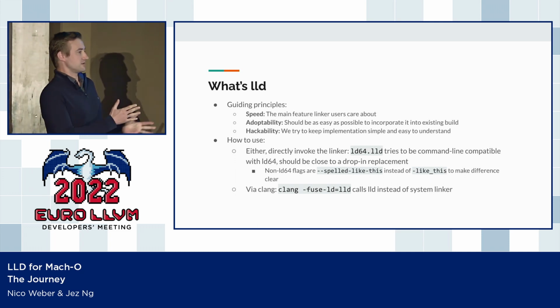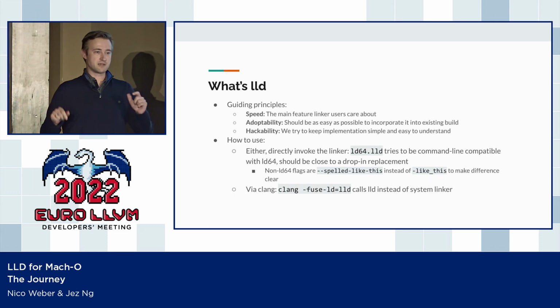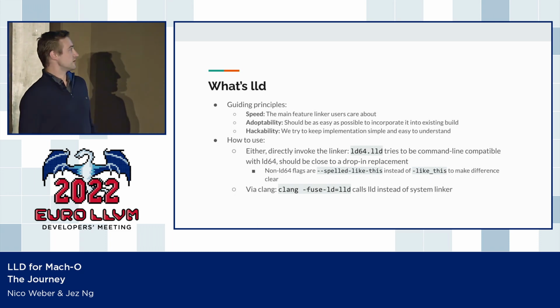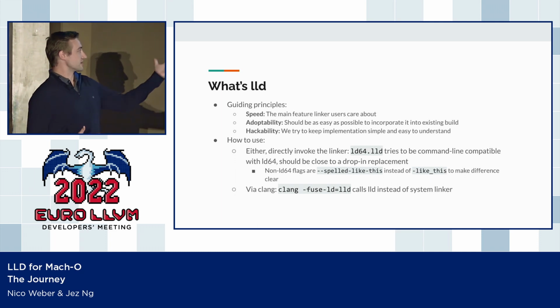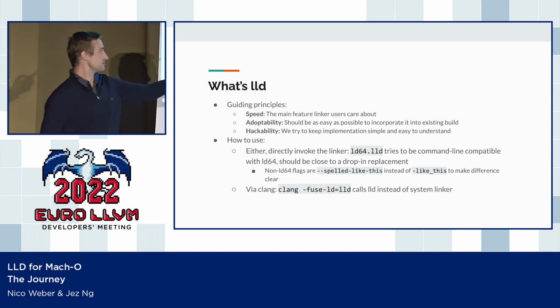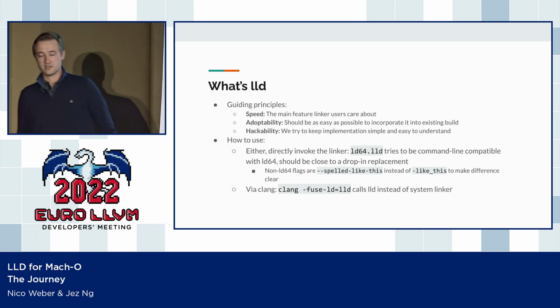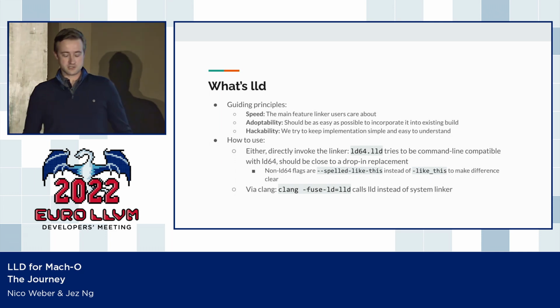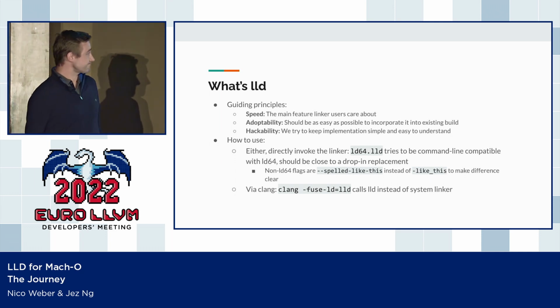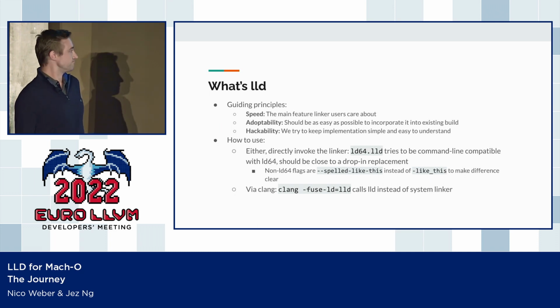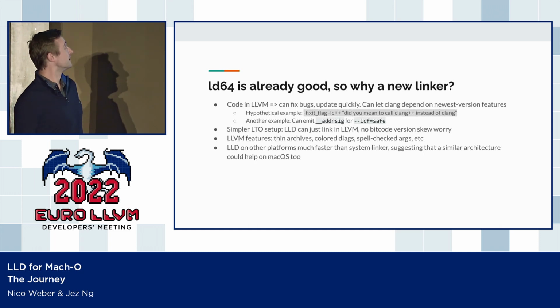So if you just call that symlink, you can pass exactly the same flags that you would pass to LD64, and things should just work. Or on Windows, you usually call the linker through the Clang compiler driver, and then you just pass -fuse-ld=lld. This is fairly easy to do. So if you just want to give it a try and see how it works for your project, it should be a 3-minute thing, hopefully.